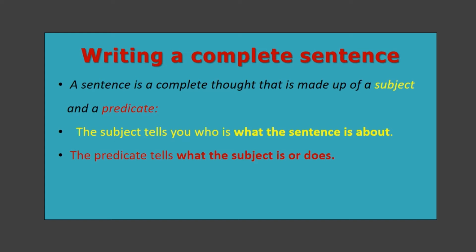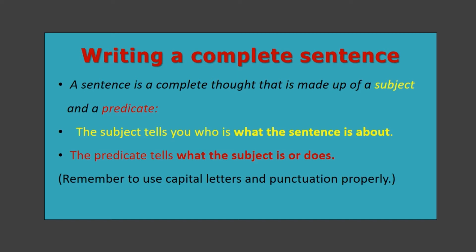We've been always reminding you not to forget your capital letters and your punctuation. Right, children? So remember to begin your sentence with capital letters and use capital letters properly throughout the sentence where needed. And you need to bring out your punctuation marks properly as and when needed.